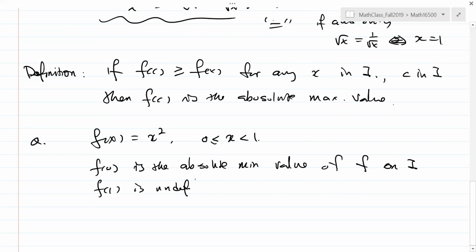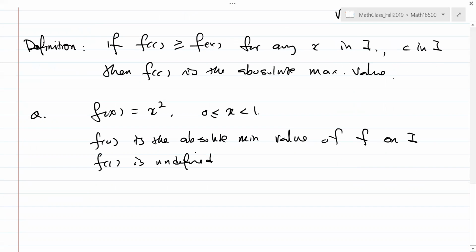Because we define the function only on the interval from 0 to 1, where 0 is included, but 1 is not included. So you cannot say f of 1 is the absolute maximum value.